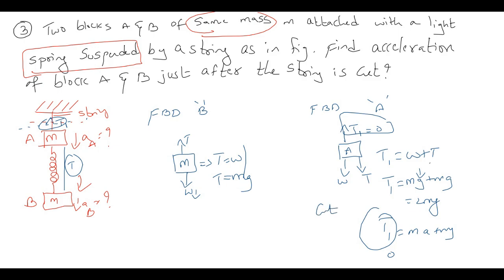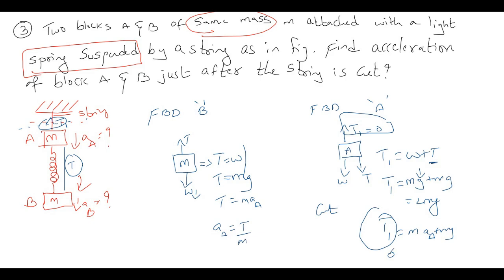This will become 0, and this weight will become mass into acceleration. So this tension will become mass into acceleration, weight will be m into g. So this acceleration is the acceleration for block A. Here this will become net force, mass into acceleration of block A. So acceleration of block A is nothing but tension by mass.